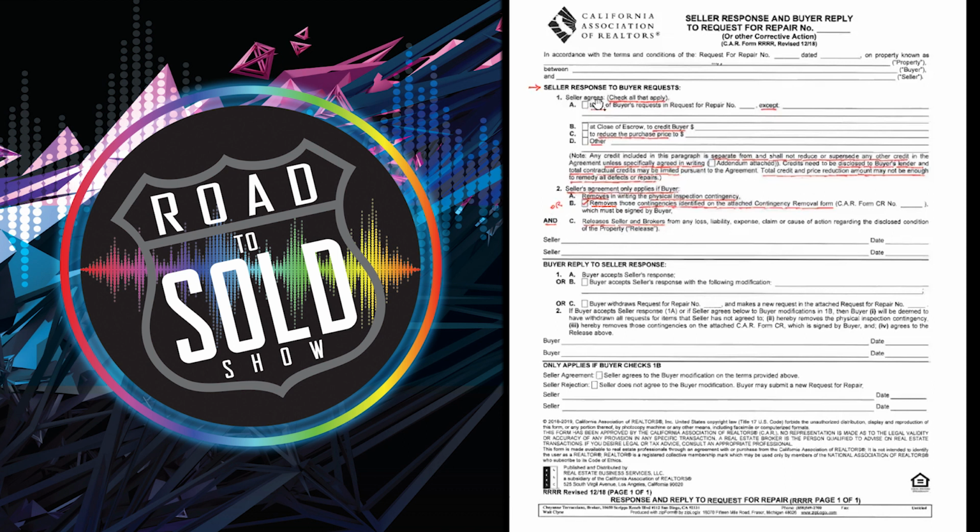So the seller says, I'll do the following, and he checks them. And then this agreement only applies if the buyer ultimately removes the physical inspection contingency and any contingencies attached on the CR, and by signature down below here, agrees to a release of the seller and the brokers for the disclosed condition of the property.